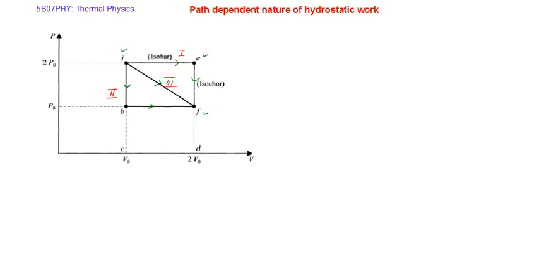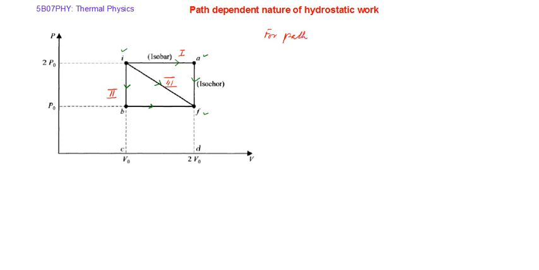So we will calculate the work done by or on the system through each of these paths separately. The work done can be calculated by considering the area under the curve.